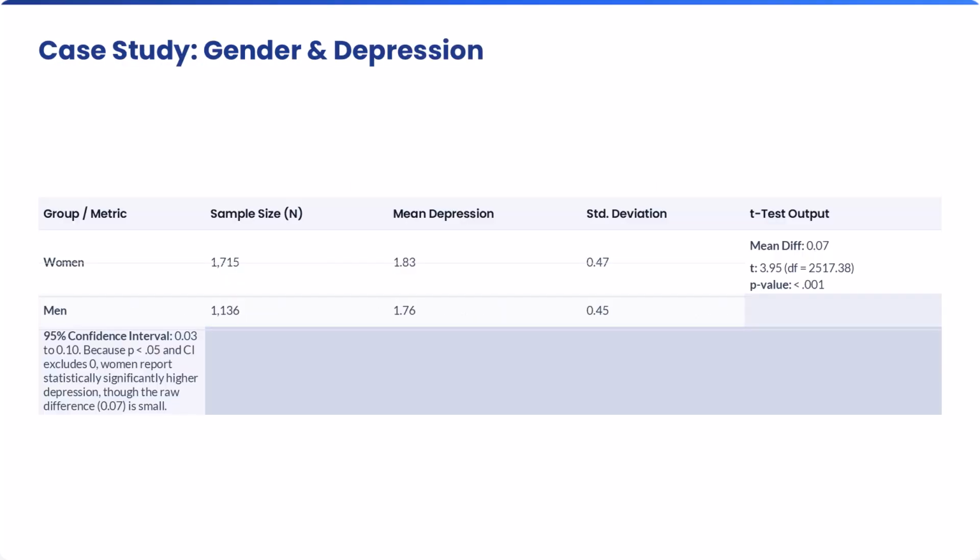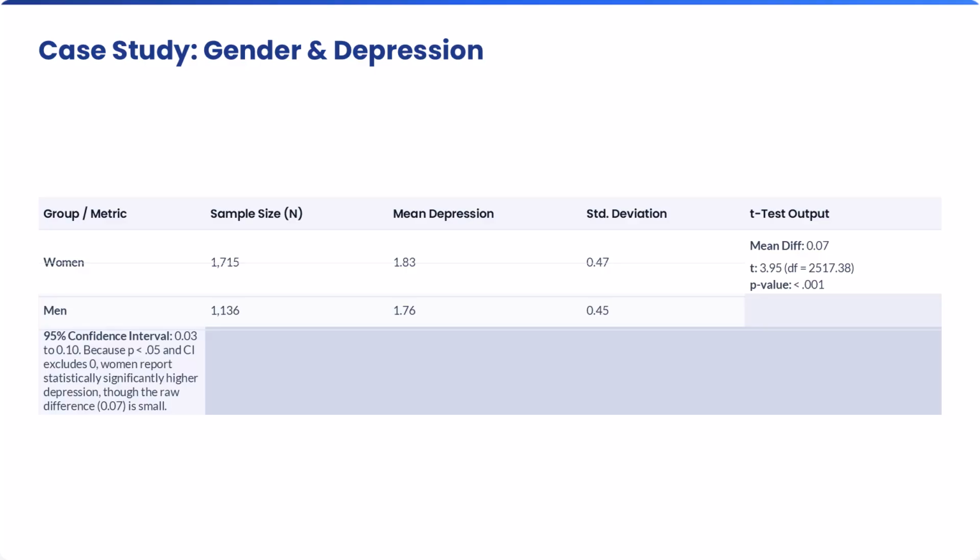Let's examine a real-world example, comparing depression scores between women and men, measured on a 1 to 4 scale. In our sample, women averaged 1.83, while men averaged 1.76, a raw difference of 0.07 points. Running an independent samples t-test yields a t-statistic of 3.95 and a p-value under 0.001.